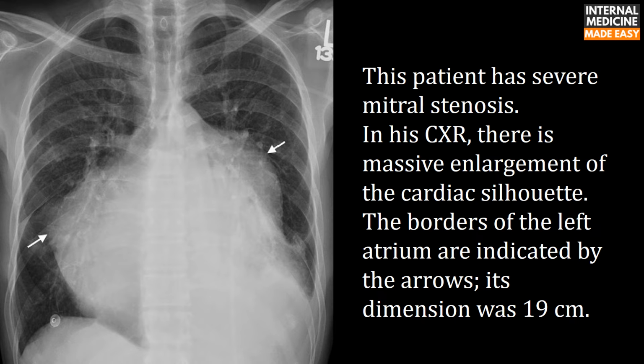This patient has severe mitral stenosis. In his chest X-ray, there is massive enlargement of the cardiac silhouette. The borders of the left atrium are indicated by the arrows. Its dimension was 19 centimeters.